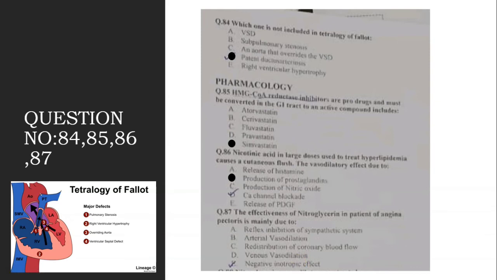The effectiveness of nitroglycerin in the suppression of angina pectoris is due to the reflex inhibition of sympathetic system, arterial vasodilation, redistribution of coronary blood flow, venous vasodilation, negative inotropic effect. So nitroglycerins are basically used for patients with angina. It is used to increase vasodilation in the arteries.